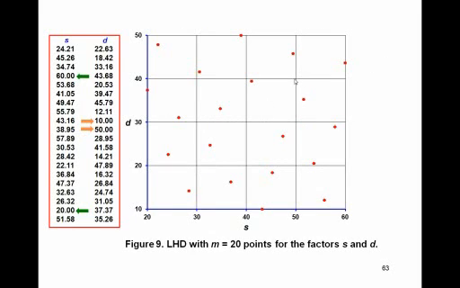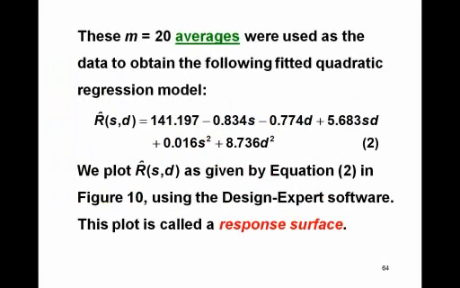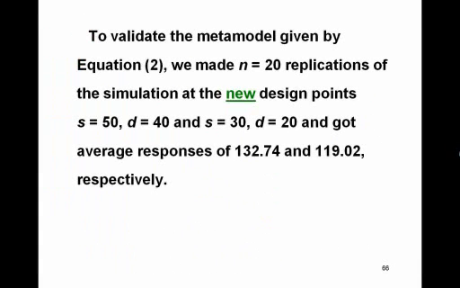So I ran new simulations at that point and that one right there. I made 20 replicates of each, and what I got was average responses across the 20 replicates at those two design points of $132.74 and $119.02. And how good is our meta model going to do?